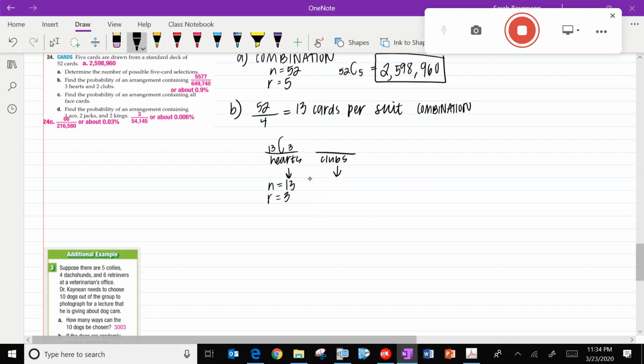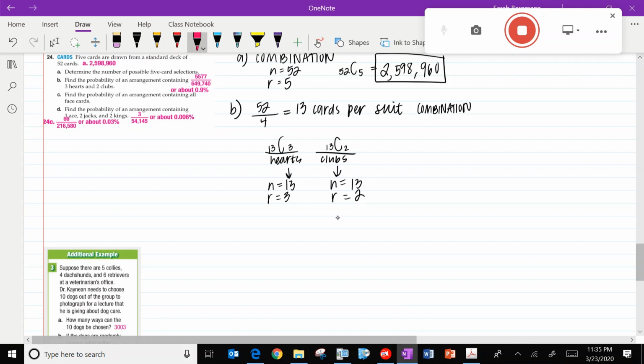To find the number of clubs, I know there are 13 total clubs possible, and I only want to choose 2 of them. So N is 13, R is 2. So to figure out the number of different ways I can choose the clubs, I'll find 13C2.